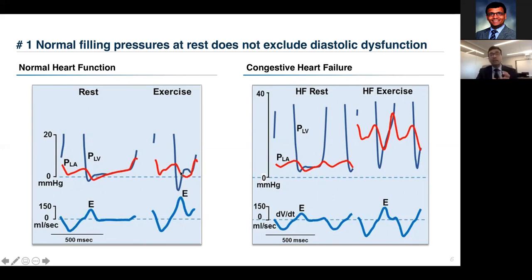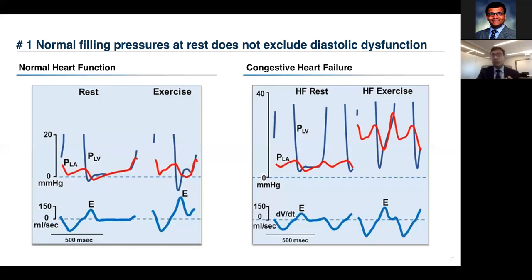So there's a unique physiology that happens where, despite the shortening of diastole, there is enhanced suction that is created, which increases the E wave velocity and causes enhanced transmitral flow transport without causing any elevation of left atrial filling pressure. However, in patients with diastolic dysfunction, you would have lack of this enhancement of untwisting and restoring forces.